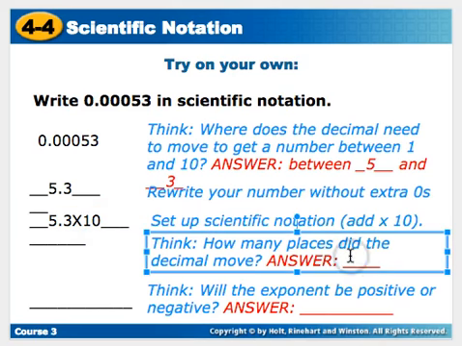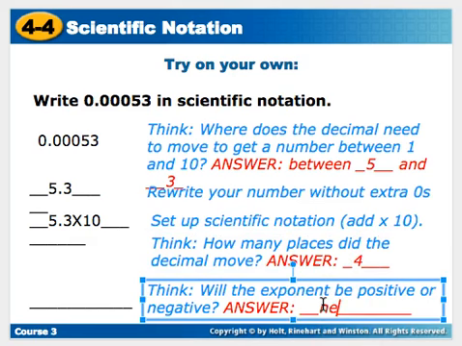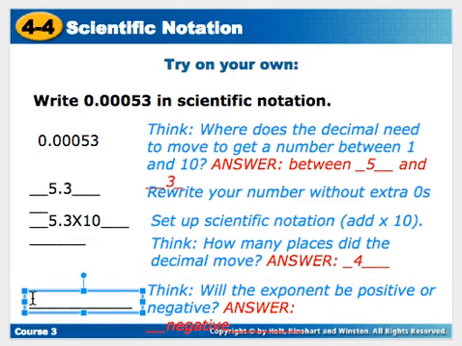That would be 4. Will the exponent be positive or negative? Are you making the number smaller or bigger? Since you're moving your decimal point to the left and you're making your number smaller, it would be negative. So then, of course, your answer is 5.3 times 10 to the negative 4.